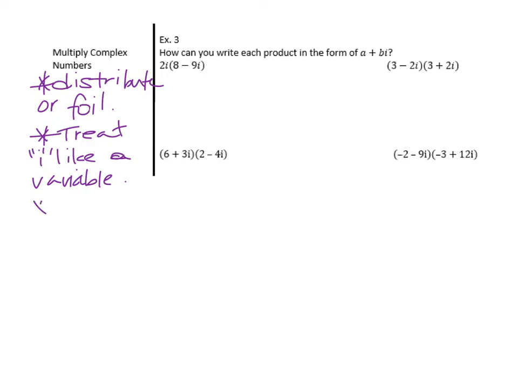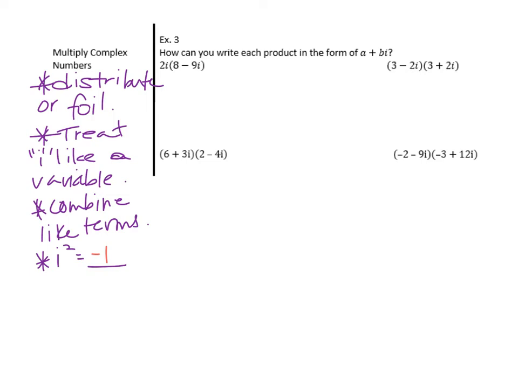You'll want to combine like terms when you're done. That's always to simplify. And when you FOIL, oftentimes you're going to get a new term for i. You might get an i squared, and that's a definition. Anytime you have i squared, you can substitute -1 in its place and then simplify even further.